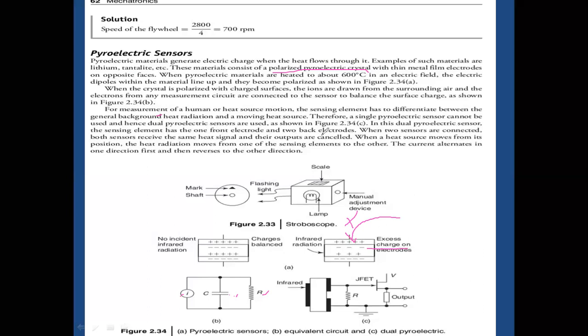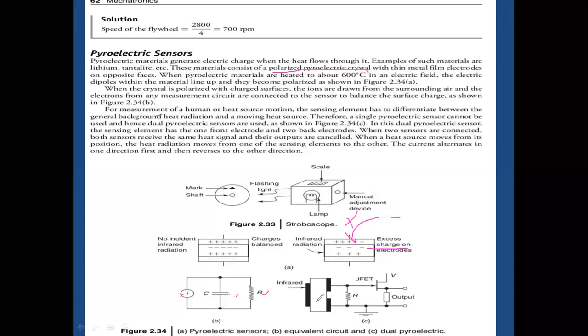Therefore, a single pyroelectric sensor cannot be used, and hence dual pyroelectric sensors are used. We can't perform the entire operation with only a single sensor.